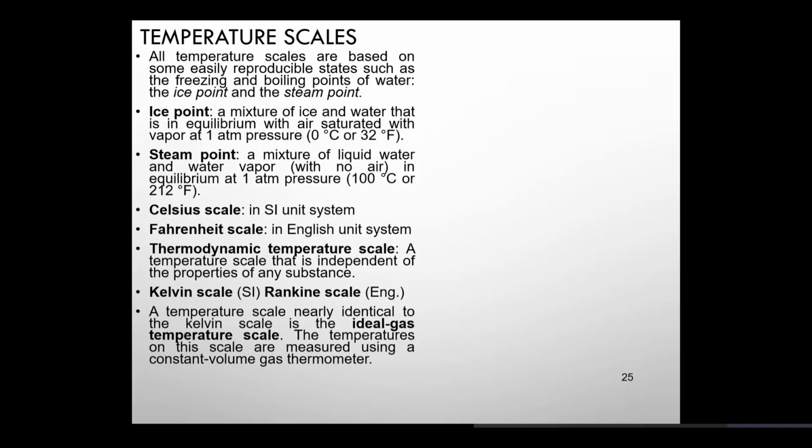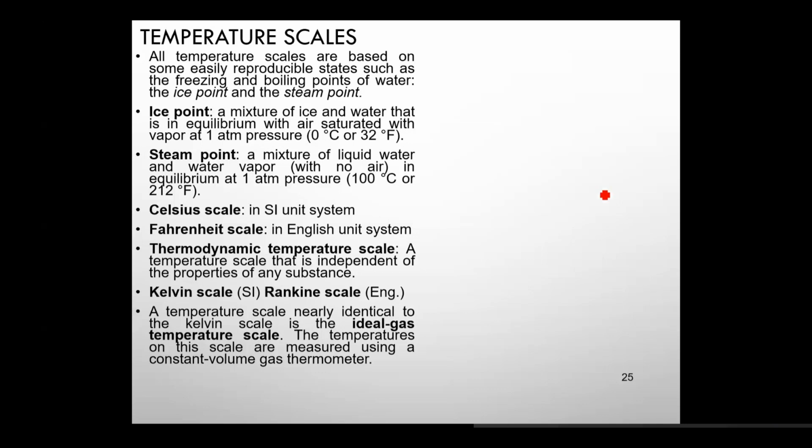How is that? We'll have a look before that. The Kelvin scale is part of the SI scale, which is the absolute scale, and similarly the Rankine scale is part of the Fahrenheit scale, which is against the ideal scale. Clear enough?